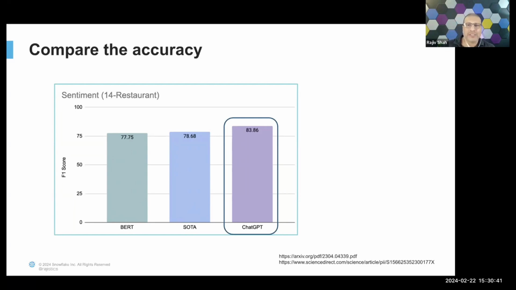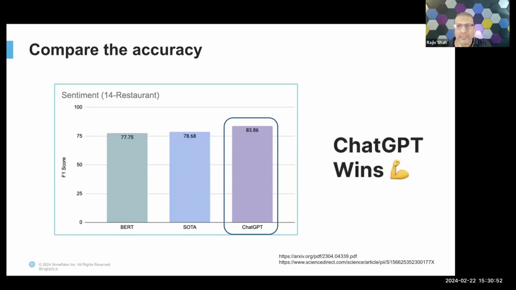And it's not a surprise here. ChatGPT has been trained on much more data. It has a much larger, richer understanding of language. So you would expect that when we're talking about something like sentiment, ChatGPT is going to do better than that. So I think there's no surprises there.